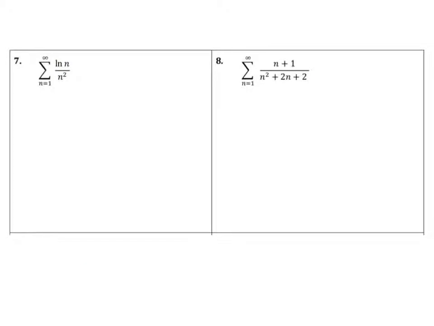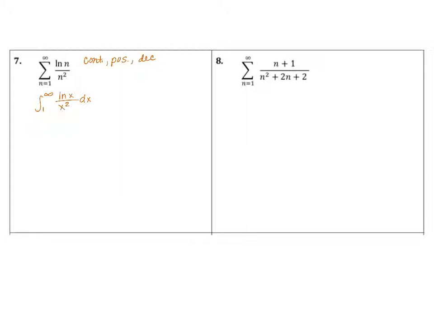Okay, so for this one, we do have to make sure that we are continuous, positive, and decreasing. All of those can be verified by quickly plugging in numbers. So really we need to jump to the integral test, and that's going to be from 1 to infinity of the natural log of x over x squared dx.